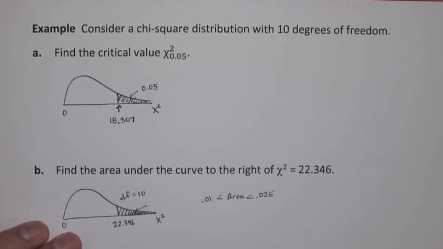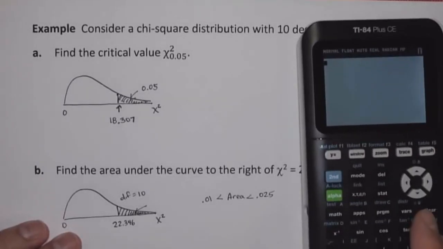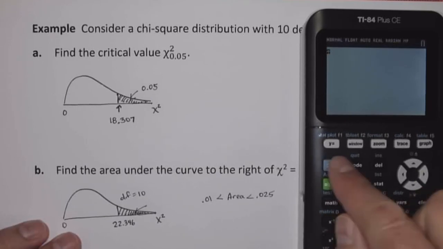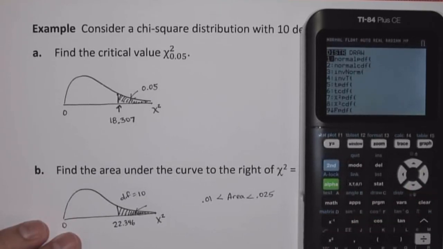Now, if on the other hand I want to use my calculator, I can go to distributions. This is the same place where we went when we were working with normal distributions and t-distributions. On the calculator, we have a chi-square PDF and chi-square CDF command. I'm going to use option 8, the chi-square CDF command.